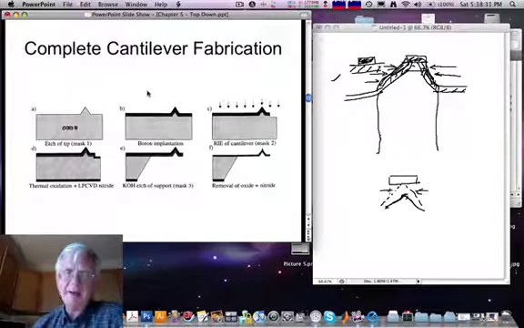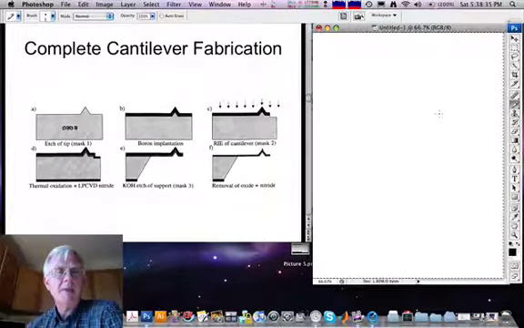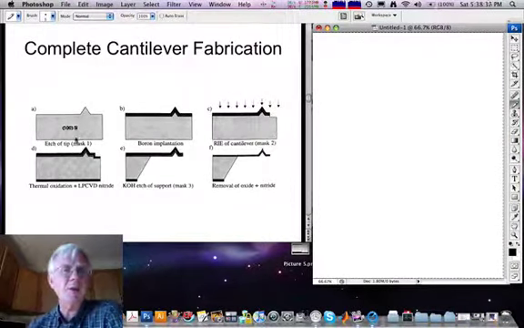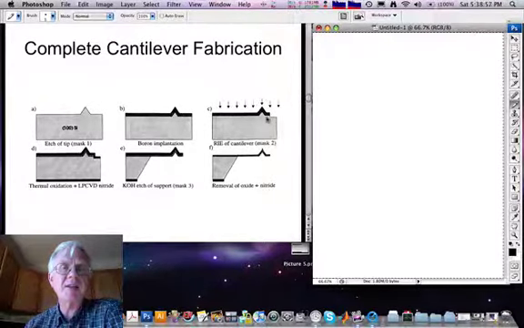The next slide illustrates the making of a complete cantilever. In this particular slide, it's done by first of all making a tip structure by techniques that I just showed on the previous slide, and then protecting the region that you wish to become the cantilever by implanting with boron, masking off where you want the cantilever to end. By this means, a reactive ion etch then etches out a pattern in the silicon that leaves the more resistant boron-doped silicon behind.